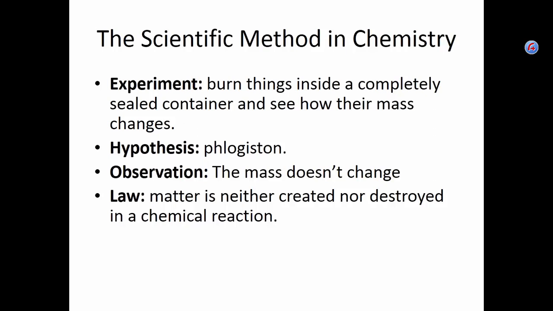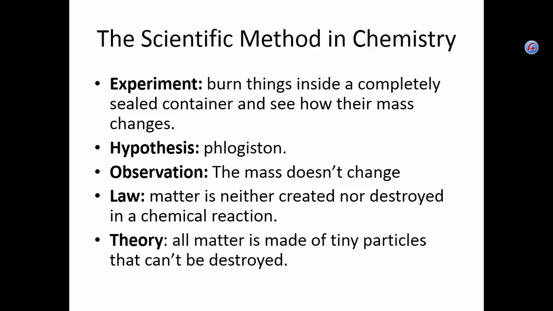We will be assuming that this is true, and we will be using this law quite a bit. And the theory, so the explanation, so the what is that matter is not created or destroyed. The explanation is that matter is made of tiny particles that can't be destroyed. So that would be a way to explain what was observed.